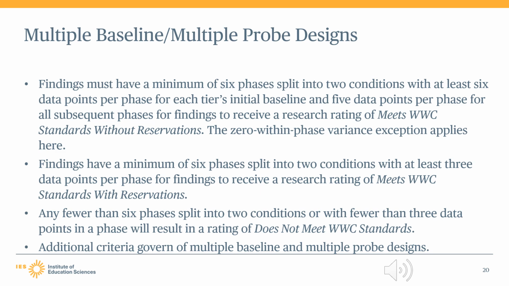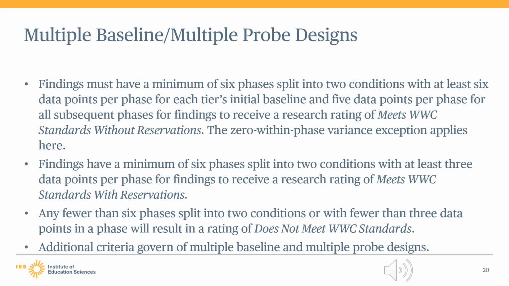Recall that each of the stacked baseline and intervention pairs in a multiple baseline design can be referred to generically as a tier. The term tier is sometimes used because individual rows of a multiple baseline or multiple probe design might be an individual participant or group of participants, or it might be several contexts or behaviors across a single participant or group of participants.